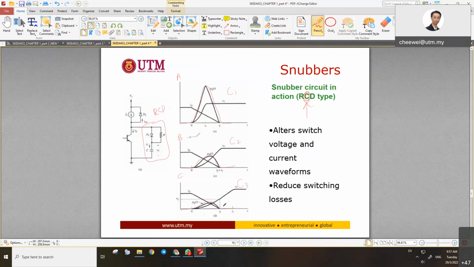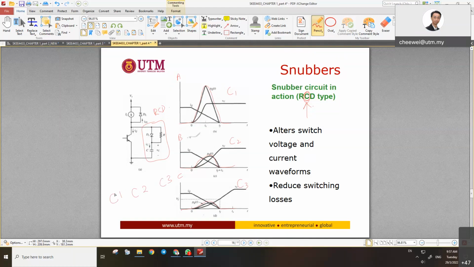Which one has the bigger C? The R and D are the same for all three cases. What I'm changing is just the value of the capacitor.